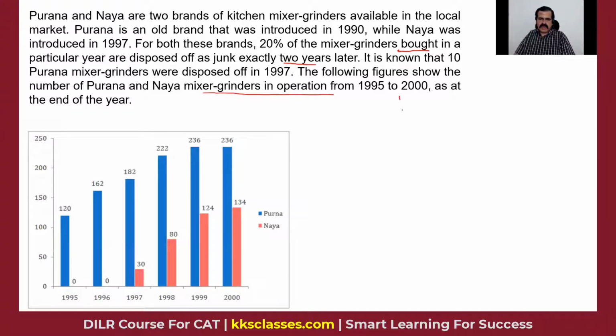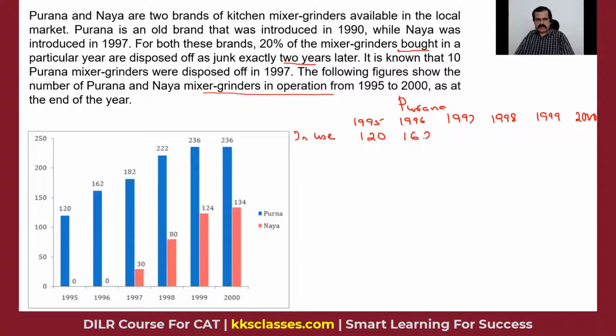For example, if you're looking at Purana, then we are talking about the items in use in 1995, 96, 97, 98, 99, and 2000. And then we would put these numbers down.